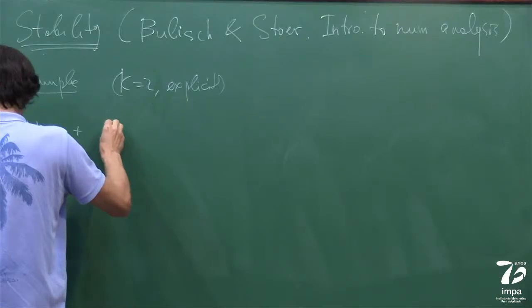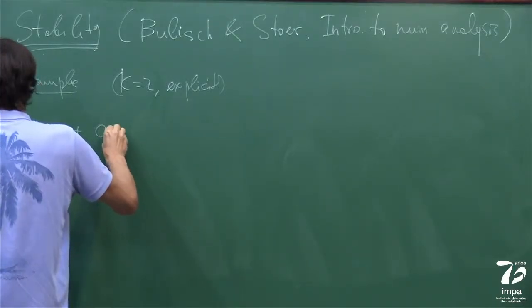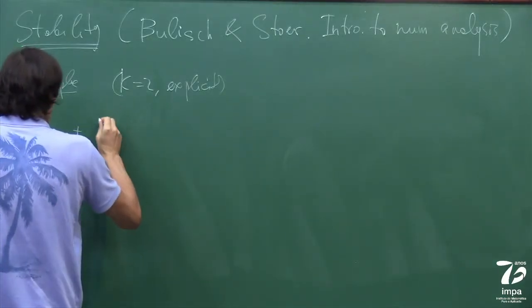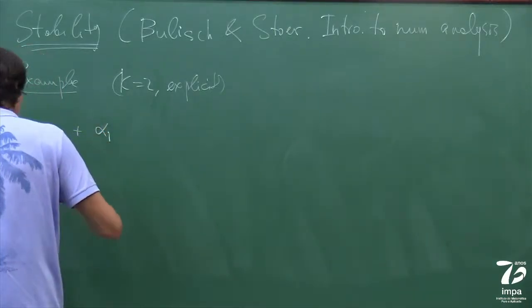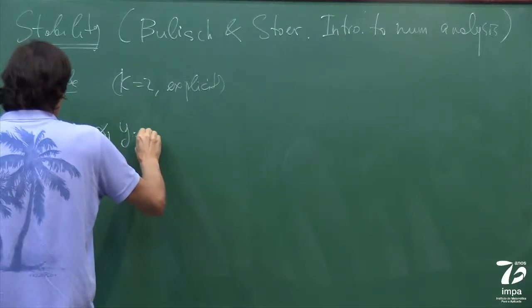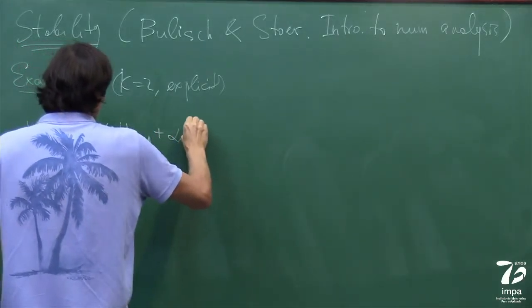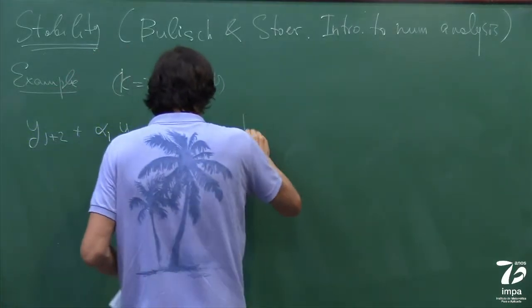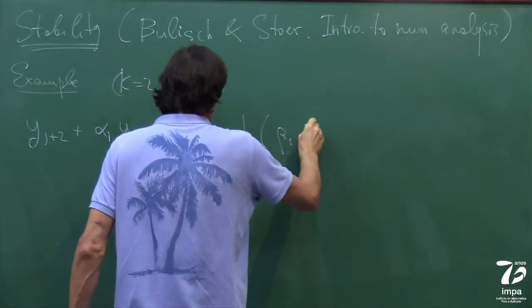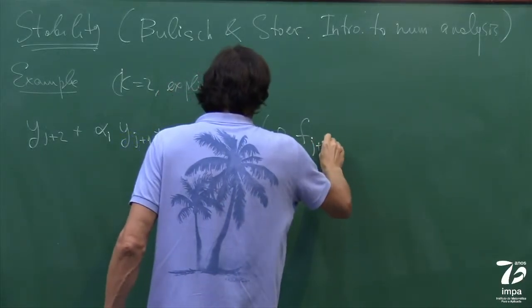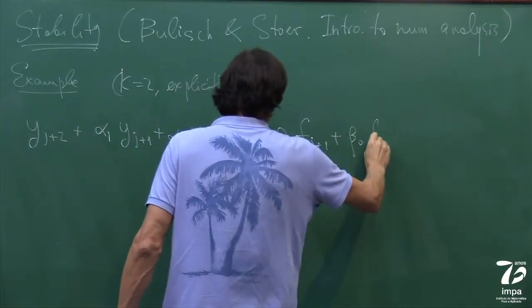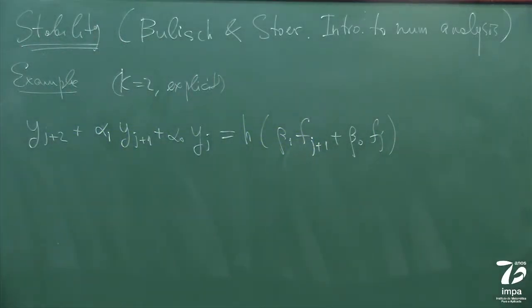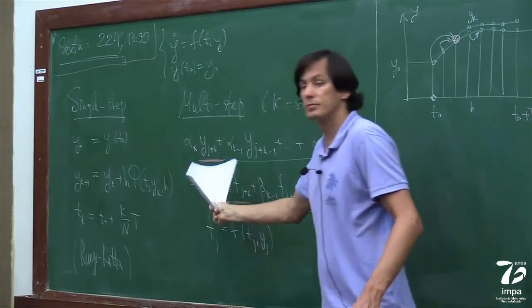So it will be plus alpha 1 y j plus 1, plus alpha 0 y j. And then it's h, beta 1 f j plus 1, and beta 0 f j. So you see, I removed this term, so it will become explicit.